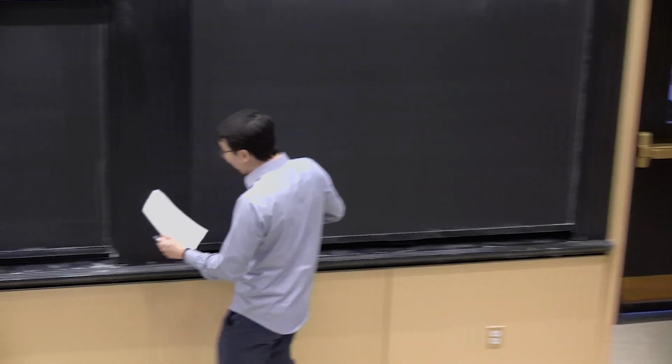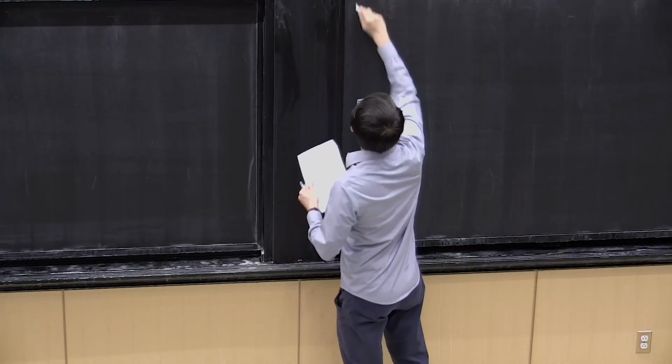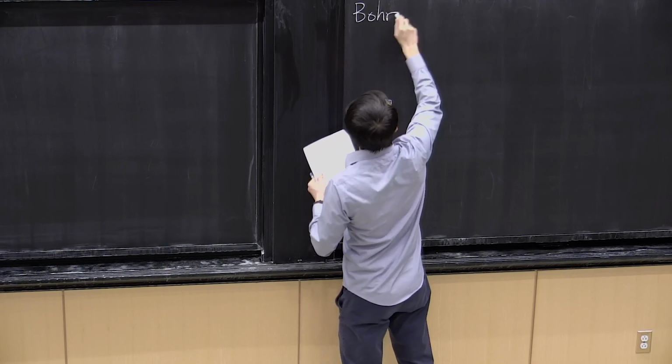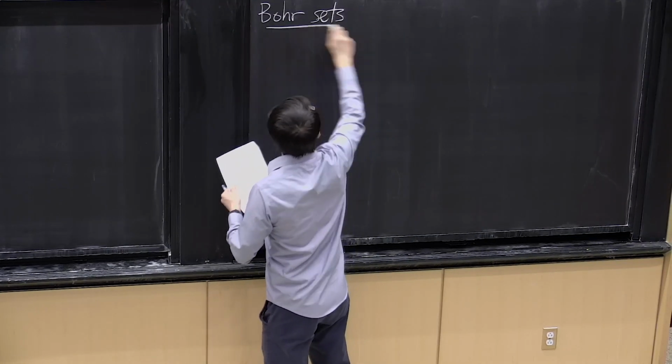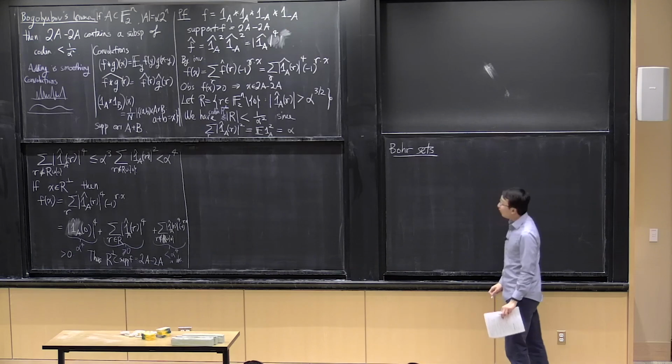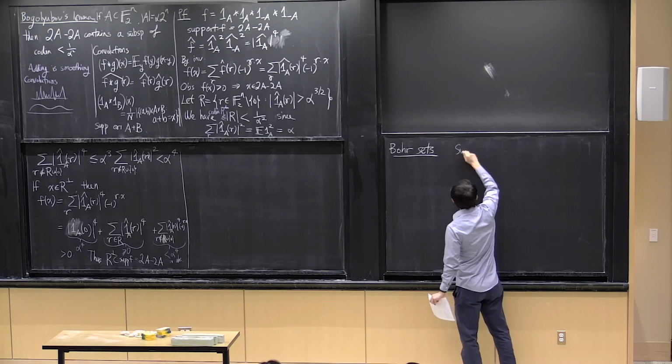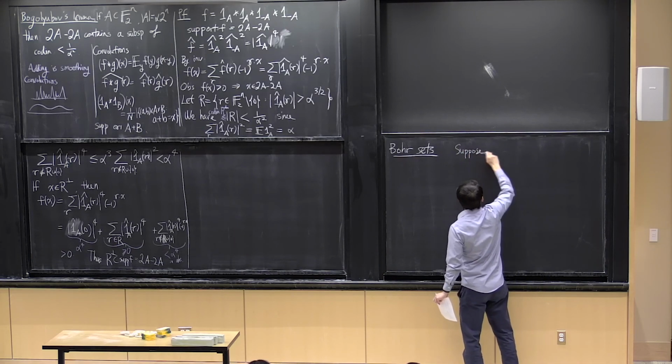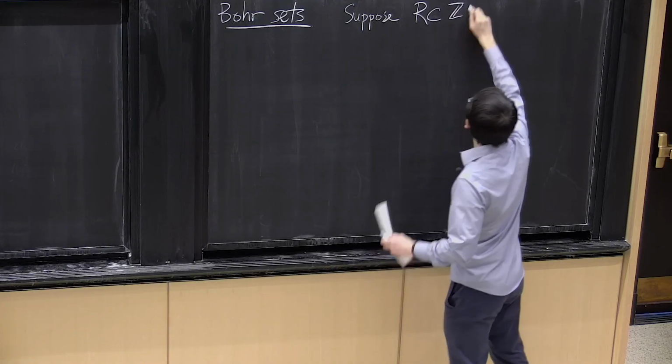Right, so the natural analog of subspaces in Z mod n are these objects called Bohr sets. And they're defined as follows. Suppose you're given some R, a subset of Z mod n.